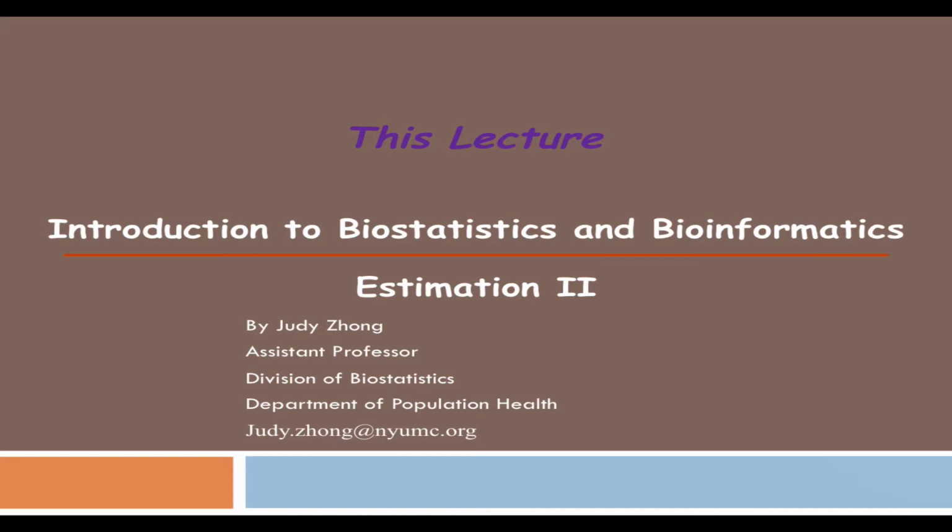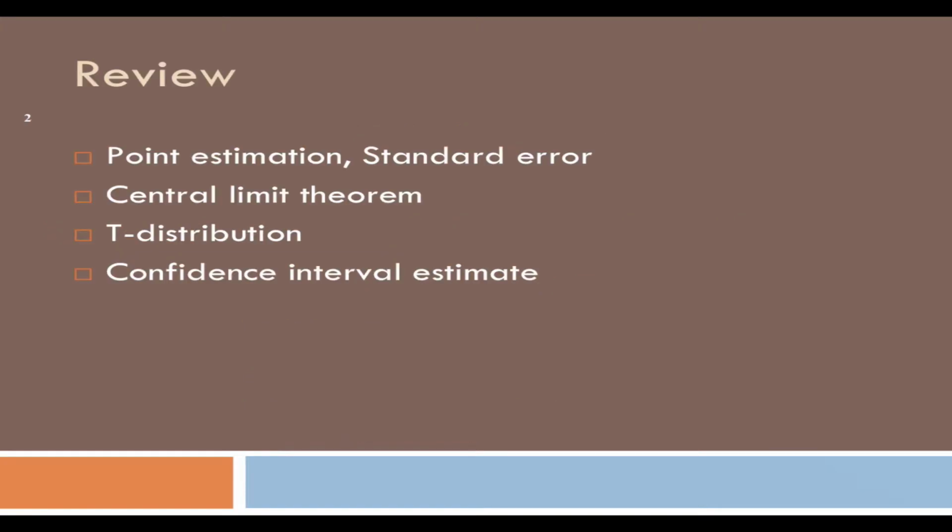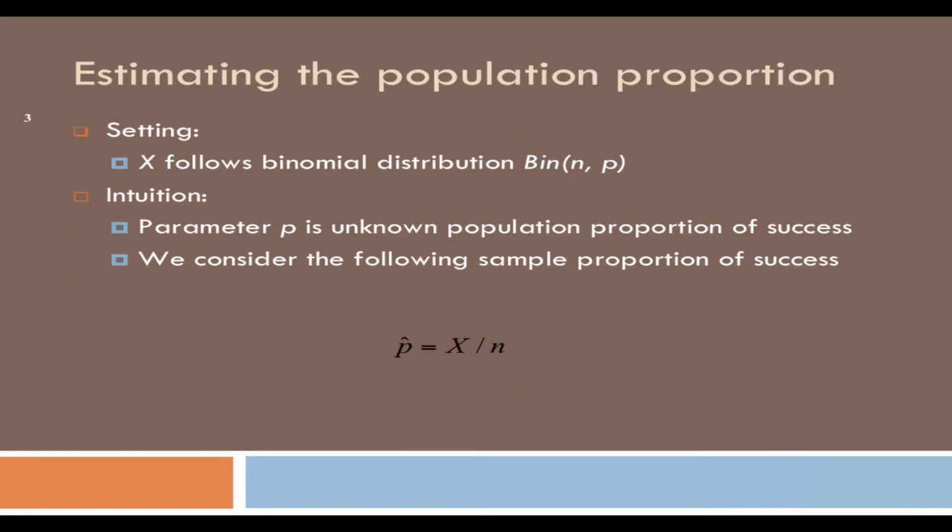Okay. So the formal content of this lecture is the second part of estimation. What is the difference between the second part and the first part? In the second part we are going to talk about a special case of estimating a population parameter, and this parameter is the population proportion, or sometimes you call it population prevalence, or population probability. Those are different terms, but essentially it is a population proportion.